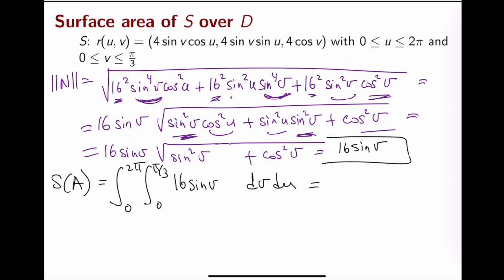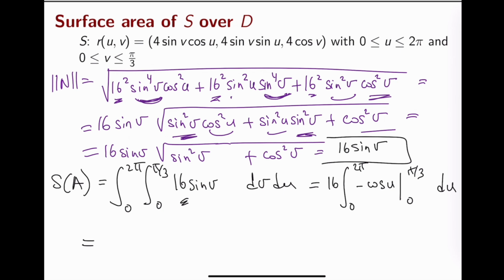Okay, so now we integrate this. The 16 is going to be out, and the integral of sine is going to be minus cosine. So this is 16 integral between 0 and 2 pi du, and inside here we integrate sine of v, which is minus cosine of v, and this is going to be evaluated between 0 and pi thirds.